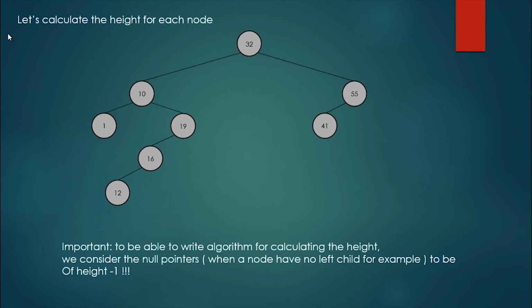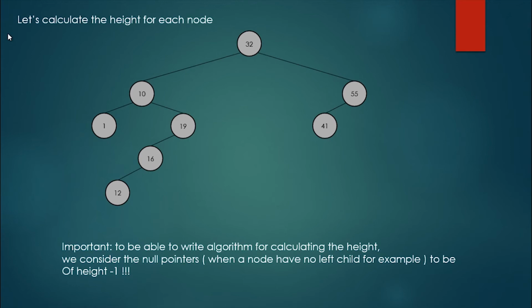It's very important that, to be able to write a generic algorithm for calculating the height of each of these nodes, we consider the null pointers when a node has no left child, for example, or right child. For example, the node 19 has no right child, so we consider a node with height -1 to be consistent.